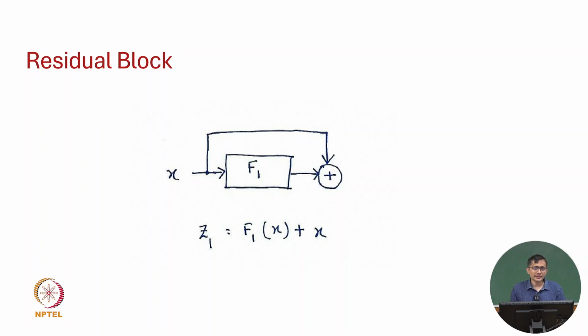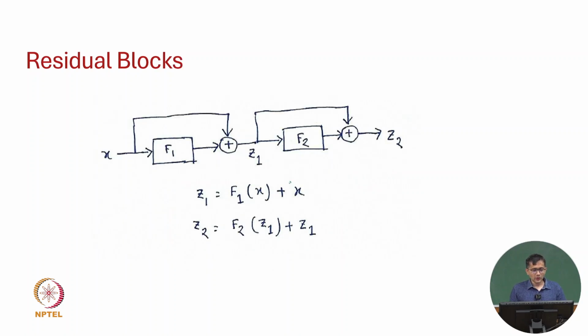Let us try to understand what would happen if we add one more residual block to this. We already had the input X. We already said how F1 processes this, and we get Z1 equal to F1(X) plus X. Now we have added another residual block. To this residual block, the input is Z1, and now the output is Z2.